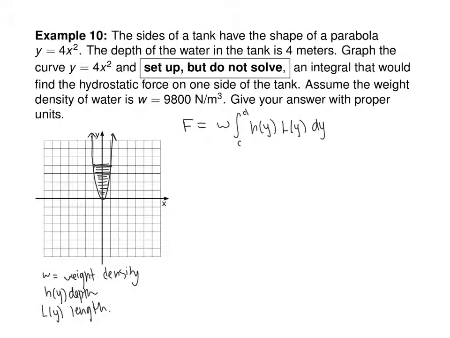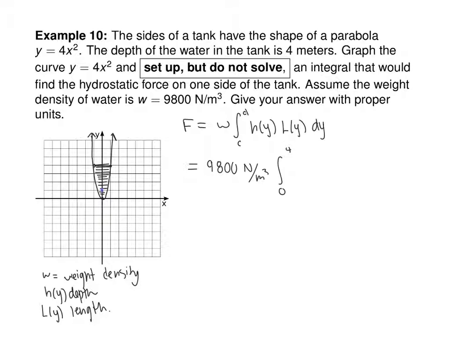All right, so first of all, the weight density we are told is 9,800 newtons per cubic meter. And if we have our parabola graphed this way, our y values begin at 0, they end at 4. Now, the depth. So here's the part that's a bit tricky.